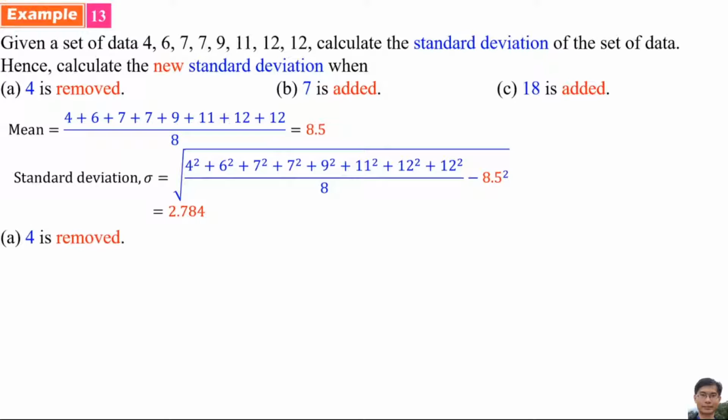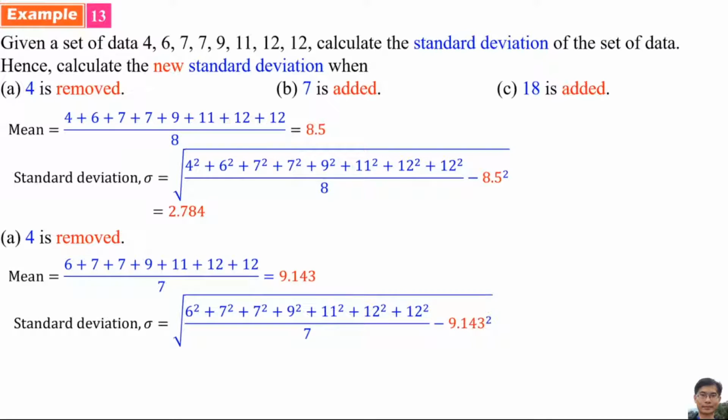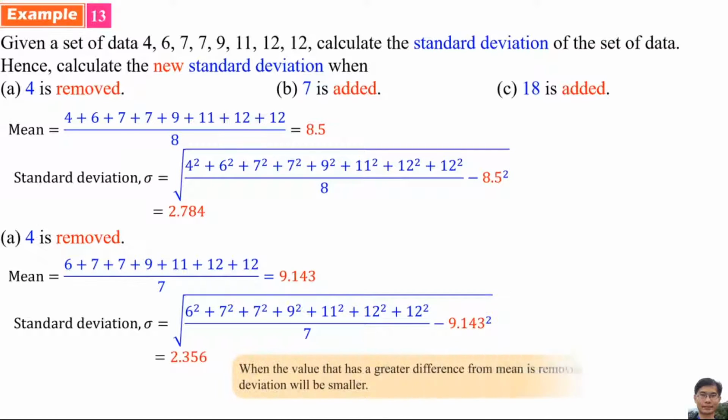A. 4 is removed, and the mean becomes 9.143. Standard deviation becomes 2.356. When the value that has a greater difference from the mean is removed, the new standard deviation will be smaller.